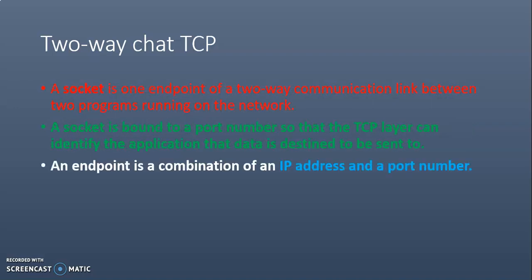A socket is one endpoint of a two-way communication link between two programs running on the network. A socket is bound to a port number so that the TCP layer can identify the application that data is destined to be sent to. An endpoint is a combination of IP address and port number.